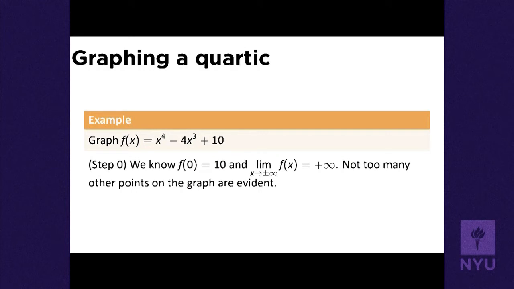As x goes to infinity, f(x) goes to infinity. As x goes to minus infinity, f(x) goes to plus infinity, because we're taking it to the 4th power, right? Any number to an even power is going to be non-negative. Okay. Not much else we can figure out just looking at the graph, or without doing any calculus here. Okay, but at least we know one point, and we know the asymptotic behavior.